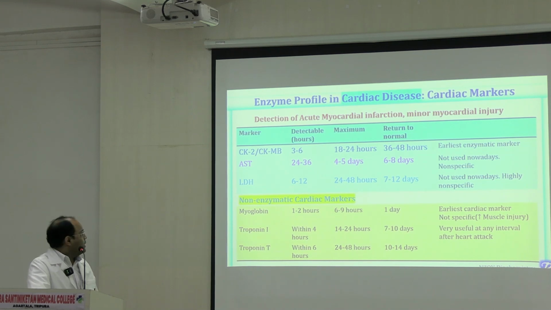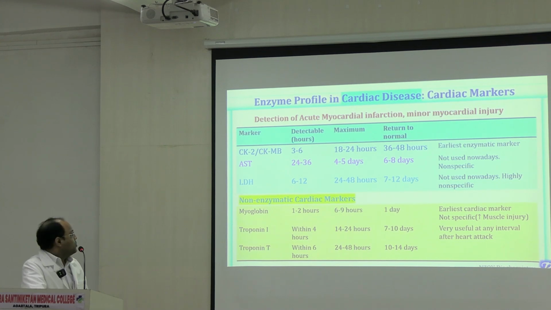In enzymatic markers, you have to remember three very important enzymes: CKMB, LDH, and AST, aspartate aminotransferase. Nowadays we are using CKMB and LDH. AST is not used nowadays.